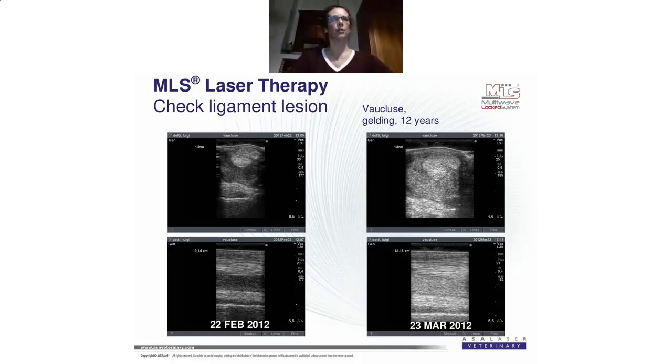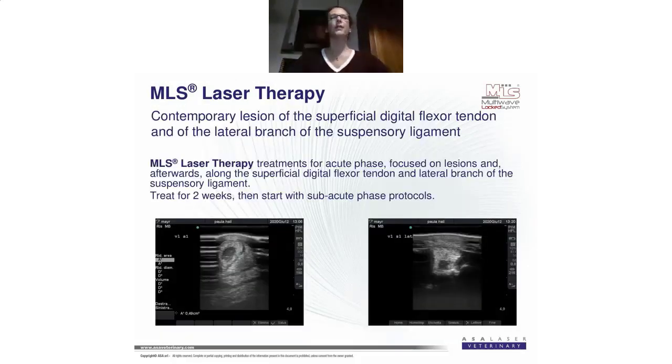The horse was not lame, and of course we continued with laser therapy also in the chronic phase to help with the remodeling of the check ligament. And after 4 months, I think, the horse, a show jumper, went to the shows again. Not really at a very high level, but it was possible.